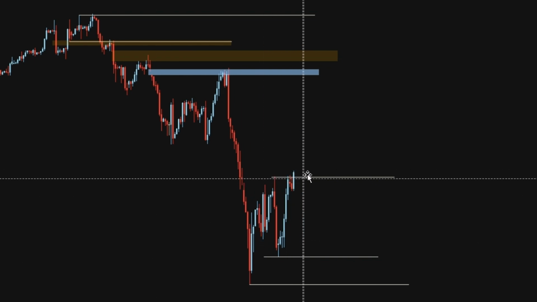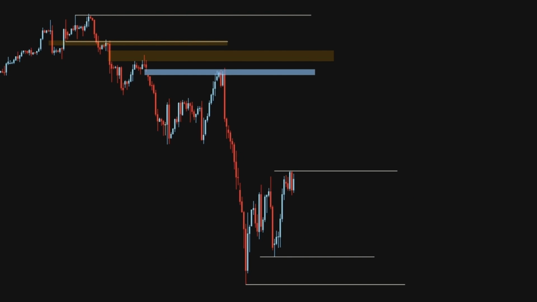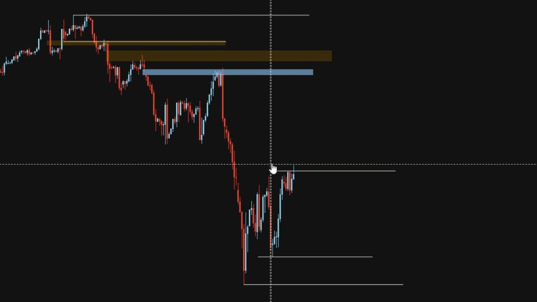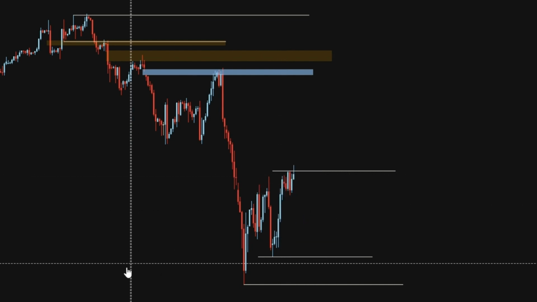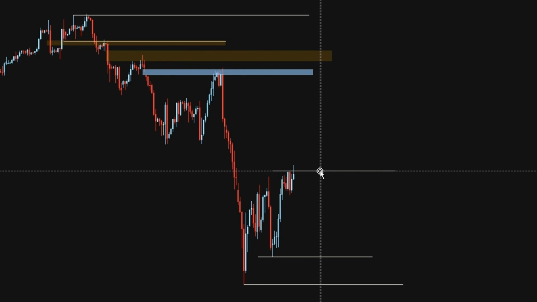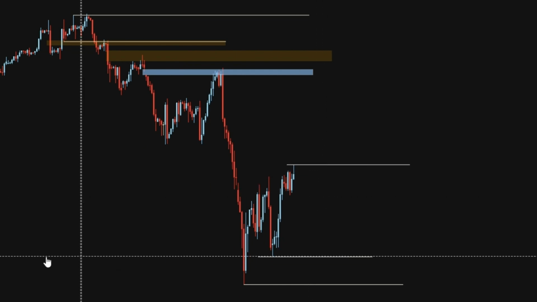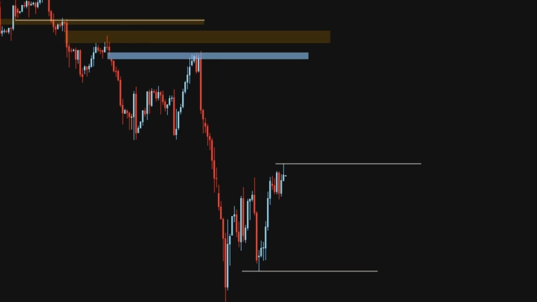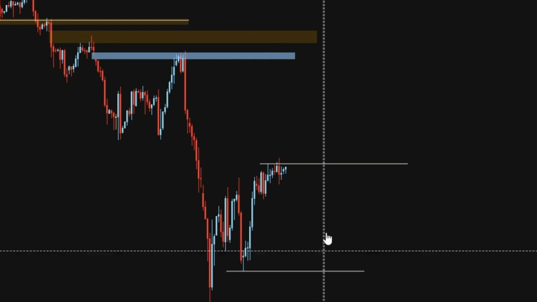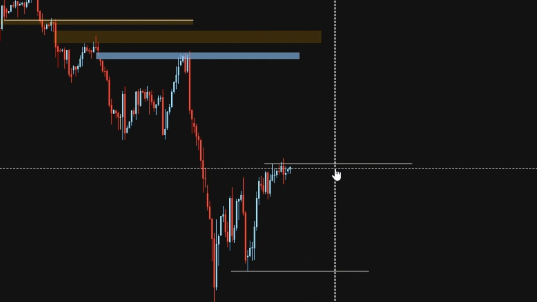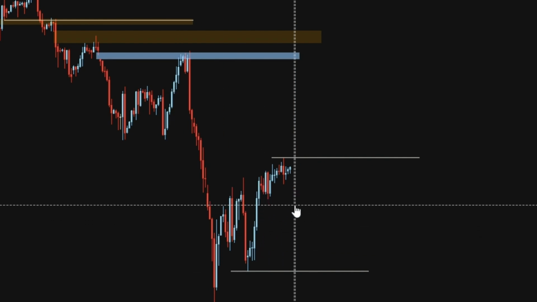So we're still breaking structure. There's no aggression. So sort of a micro time frame consolidation here, but still taking the highs, still making bullish structure, still taking the highs, right?